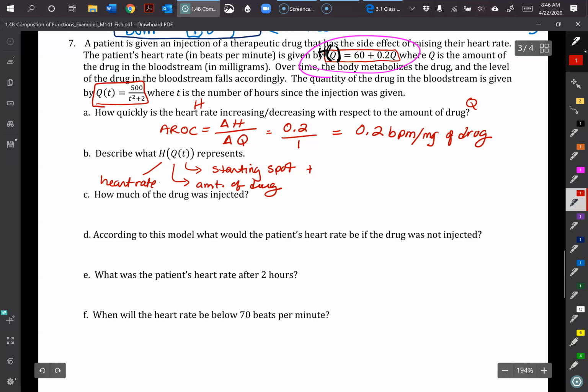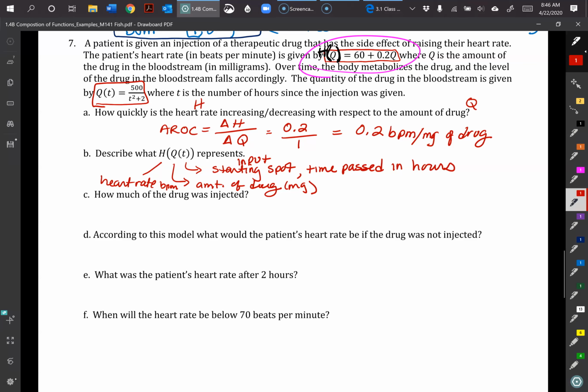So this is the time passed, but that's where we're starting inside our function. And our final output would be the heart rate. So T is our input starting spot. That's going to be the time passed in hours, so we could track that down. And then the heart rate is in beats per minute. Amount of drug is in milligrams.